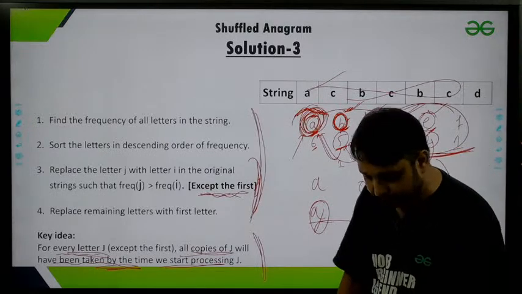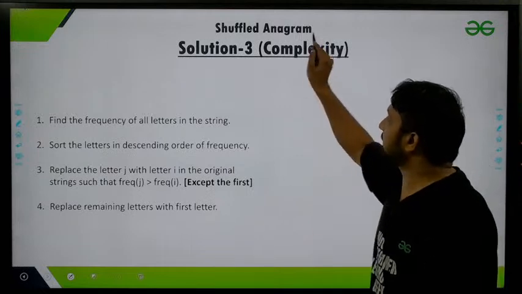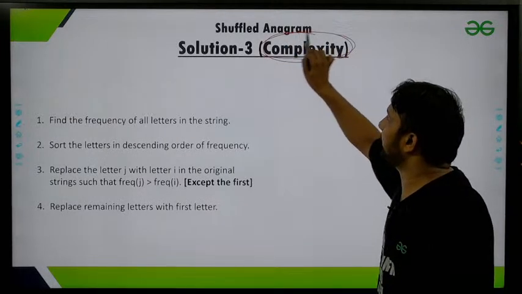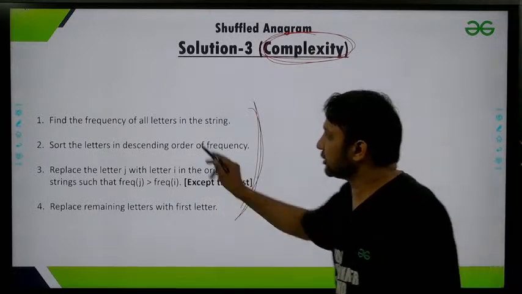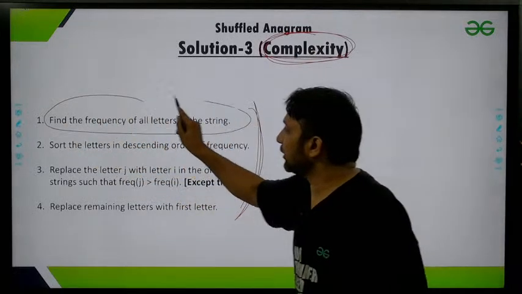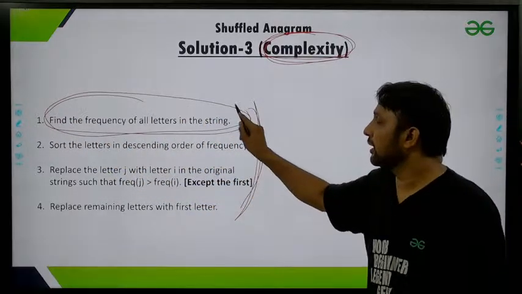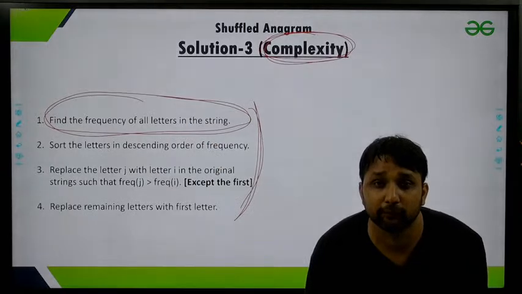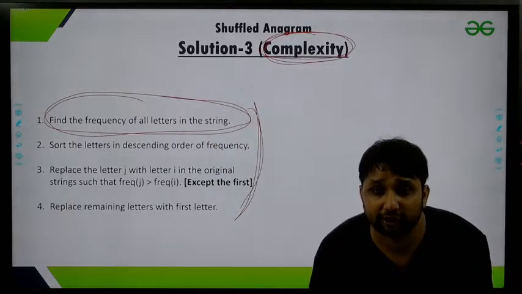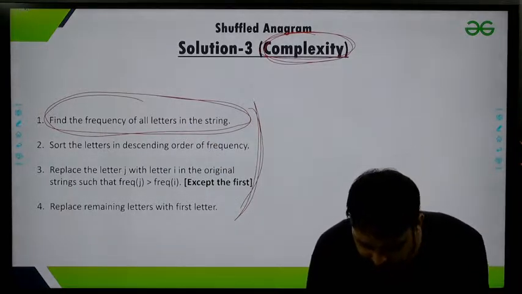Let's see what the complexity of this algorithm is. Please help me find the complexity of these steps. What is the complexity of the first step? I want to find the frequency of every element, how many times a character is repeating in your input. In how much time can you find this?